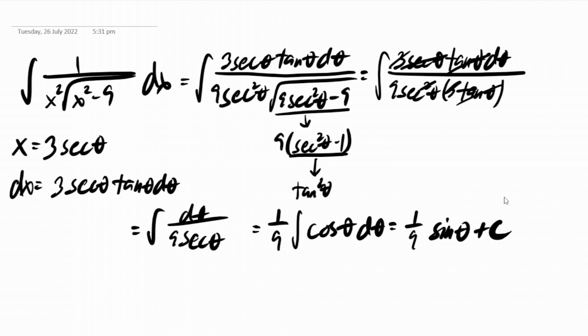But since this is a trigonometric substitution, we will look for the substitute of sine theta, and from here, if we divide both sides by 3, we have secant theta equals x over 3.